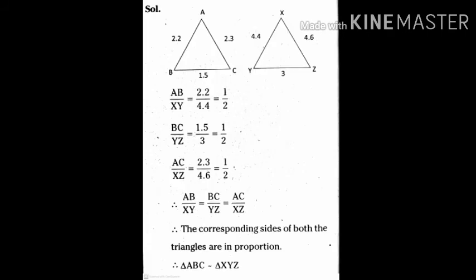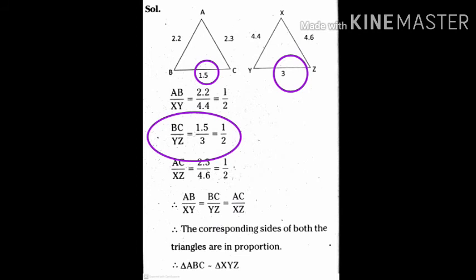Solution. AB by XY is equal to, substitute AB and XY length, that is 2.2 by 4.4. That is equal, after cancellation we get 1 by 2, since 2.2 1 ja, 2.2 2 ja. Next step, BC by YZ, that is equal, length of BC is 1.5, length of YZ is 3.